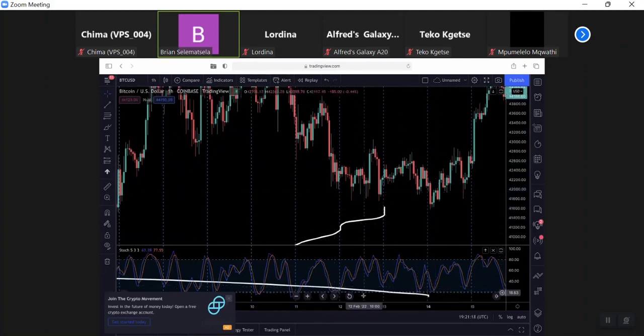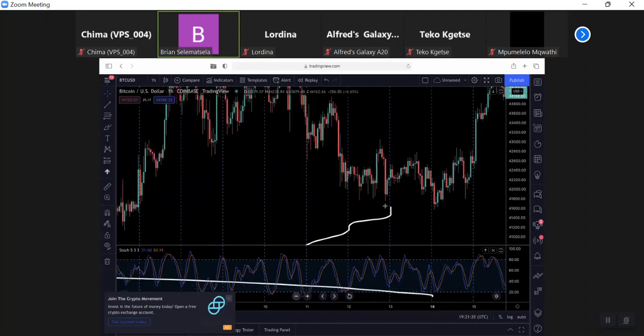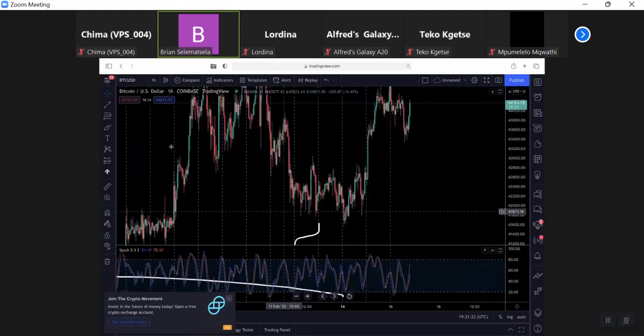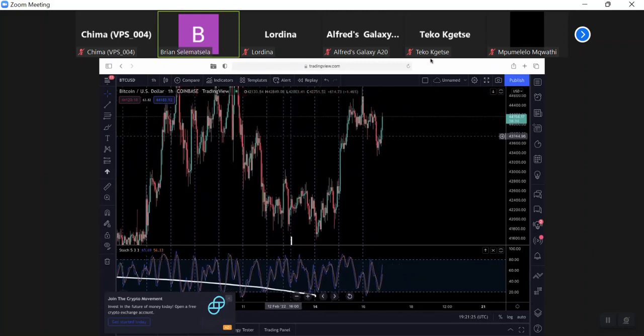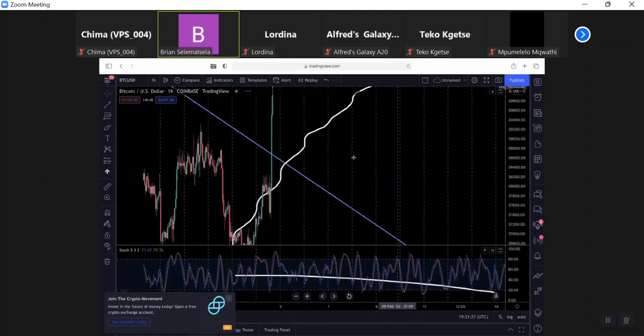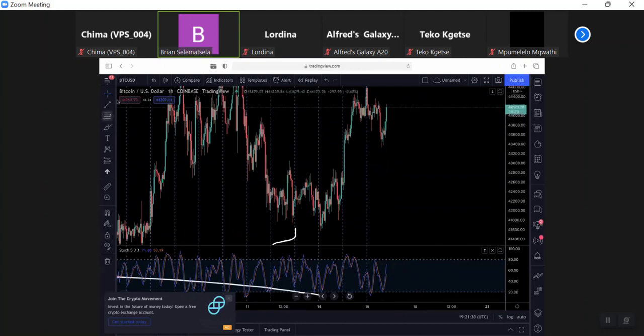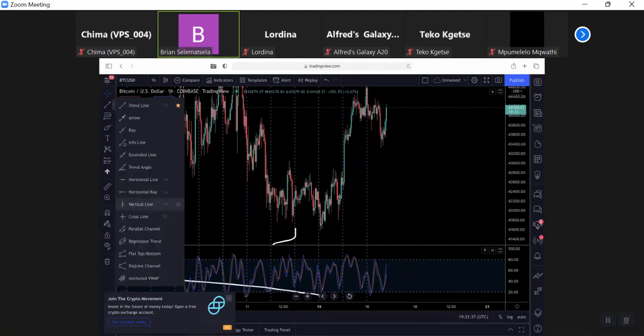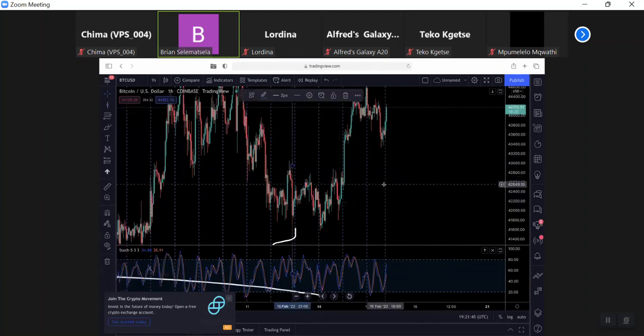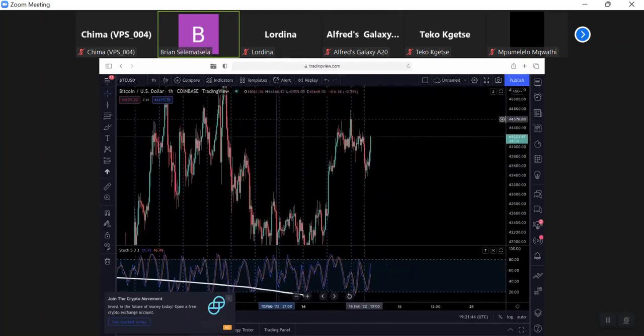So from there, I would say, wait, okay, from D1 to D. Okay, so from around here, I would have known that okay, Bitcoin, we can expect it to move around this point and go up from there. And even now, I can still say this Bitcoin is about to still continue going up. Because why? It makes sense.